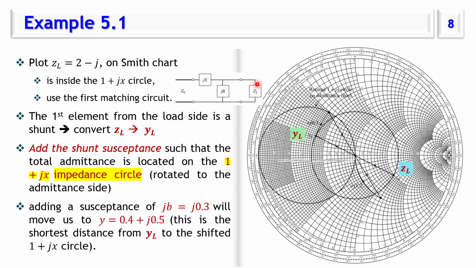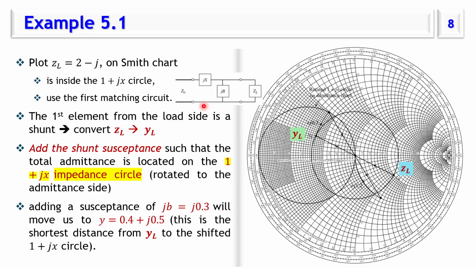Because if the z of those two elements together is 1 plus jx, then we're going to add this element, which is minus jx. This is z, so it would be just adding. So jx plus 1 minus jx, the total would be equal to 1, which is a match for Z naught.